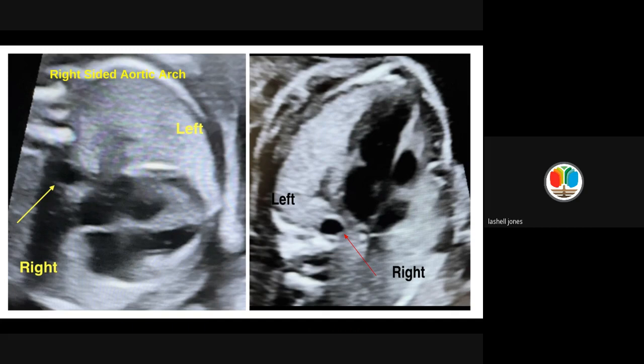Now, the best way to diagnose right-sided aortic arch is with your 3-vessel trachea view, but you can also suspect it with this view as well. So I wanted to show you an example. And then, of course, this is an example of normal, because you can see here the descending aorta is on the same side as the heart apex.